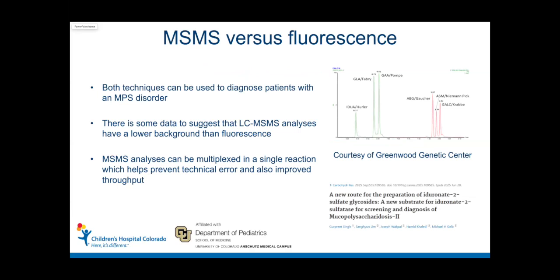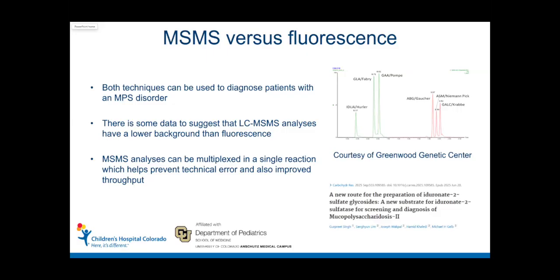So when we get into newborn screening, there are two main methods that are used. One is MSMS, which is short for tandem mass spectrometry, and one is a fluorescent-based assay. It's my opinion that both techniques can be used to diagnose a patient with an MPS disorder. They have their pros and cons that I'll go through, but generally they both work very well.